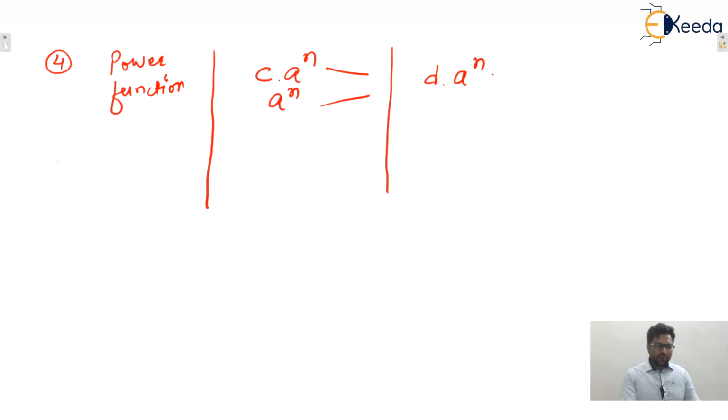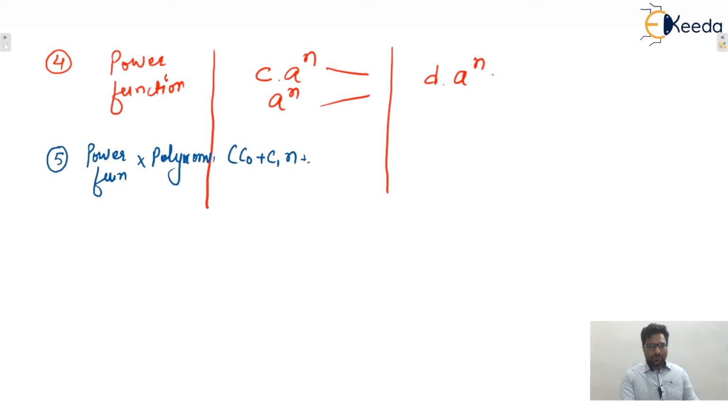Next, the fifth one: a power function multiplied with any polynomial, let's say c naught plus c1 n and so on, multiplied with a power n. The particular solution will be d naught plus d1 n and so on, into a power n.